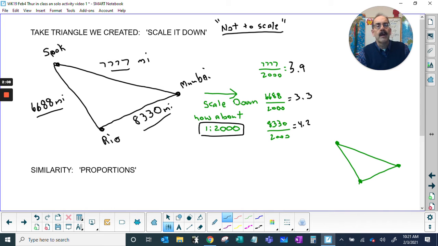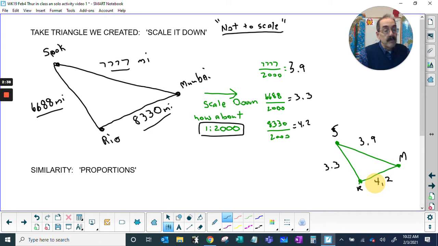All right, well, let's make sure that we locate the corresponding locations. Spokane to Mumbai, 77. That's 3.9. And Spokane to Rio, 3.3. And Rio to Mumbai, 4.2.